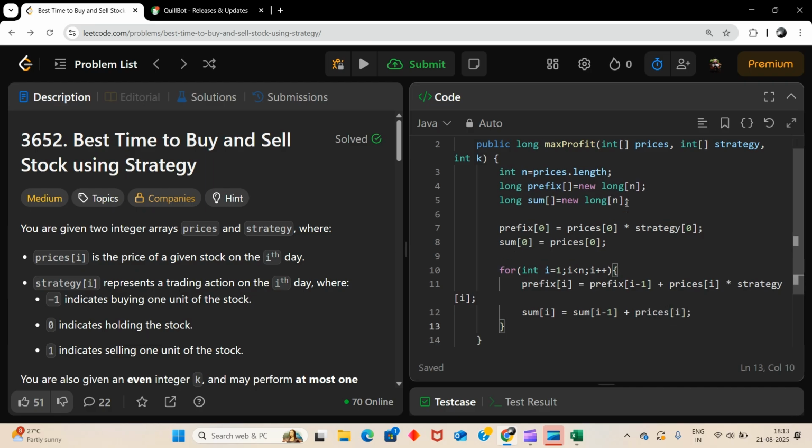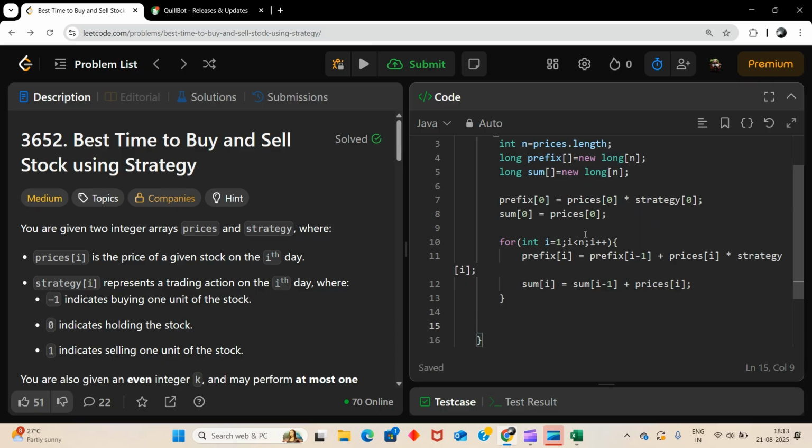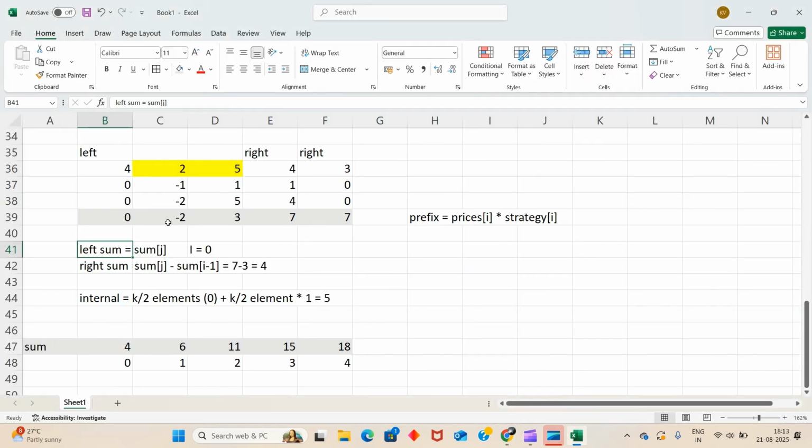Okay, we will calculate these two arrays. Now for each window, for int i = 0, i less than what? From where to where? Let's say my k is 2, so I'll consider this one, now this, now this, and now this.